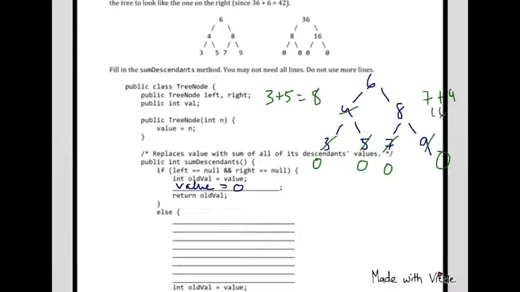We're going to do the same thing for the right subtree, and then finally we're going to add up all the descendants to get the final number. So it's going to be 4 plus 8, 6's 2 children, plus the sum of their descendants, which we just found out was 8 and 16.